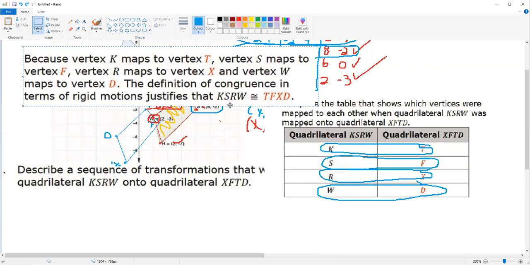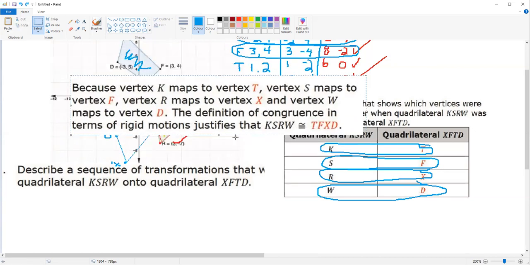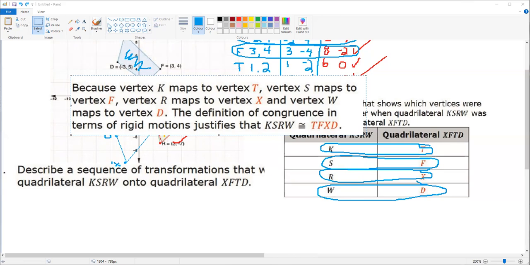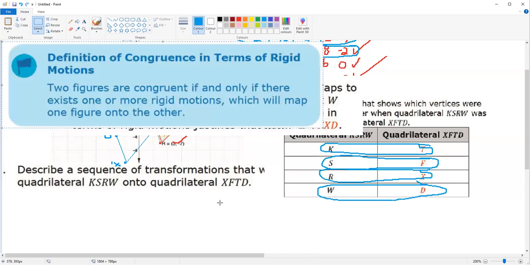That's all I wanted to point out. It wouldn't be KSRW is not congruent to KFTD. It's congruent to TFXD, right? It matters, because the definition of congruence in terms of rigid motions is two figures are congruent if and only if there exists one or more rigid motions which will map one figure onto the other. Okay, so just remember that.